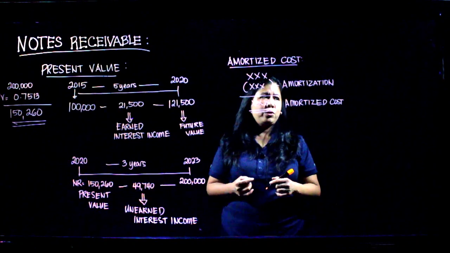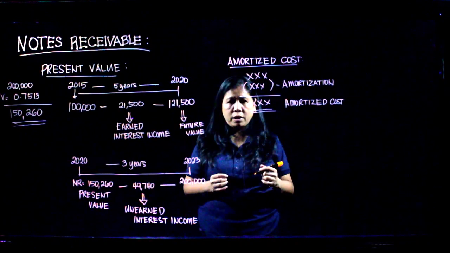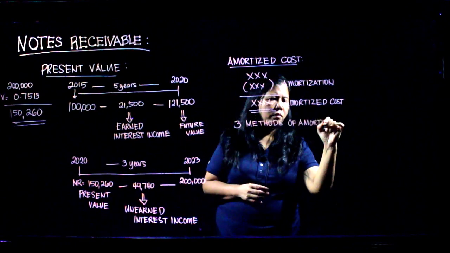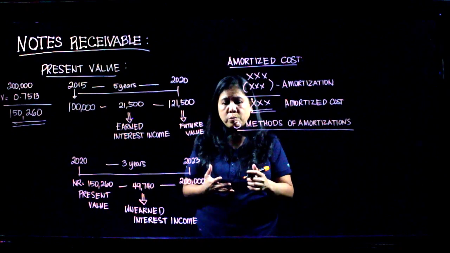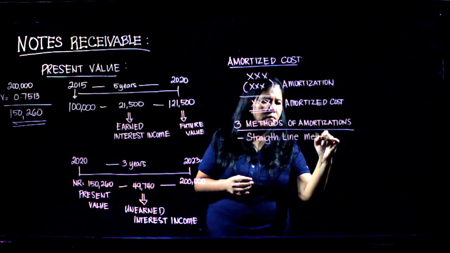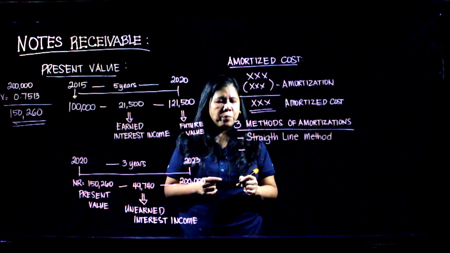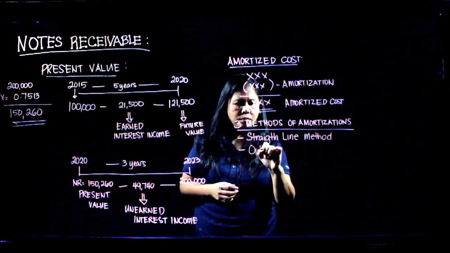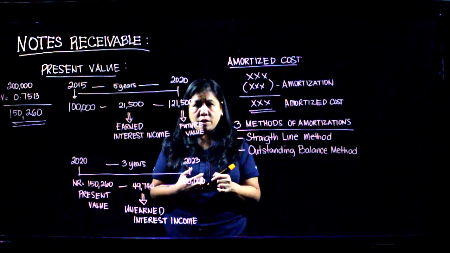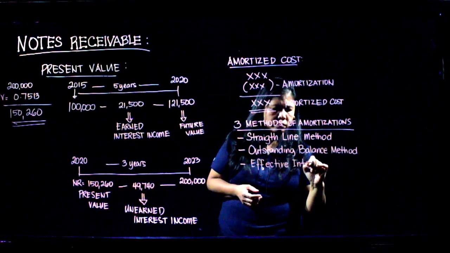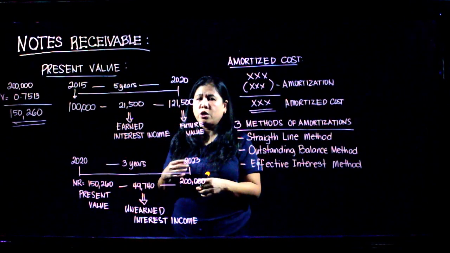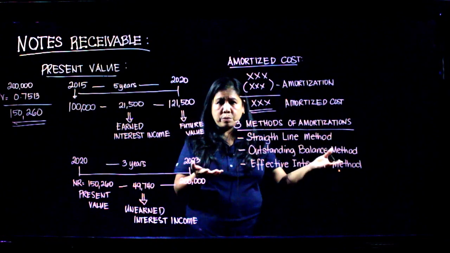Now, another thing I want you to learn on notes receivable is the three methods of amortization. We have the straight line method, the outstanding balance method, and the third one is your effective interest method. Most of the amortization that we're going to use on the present value is the effective interest method.